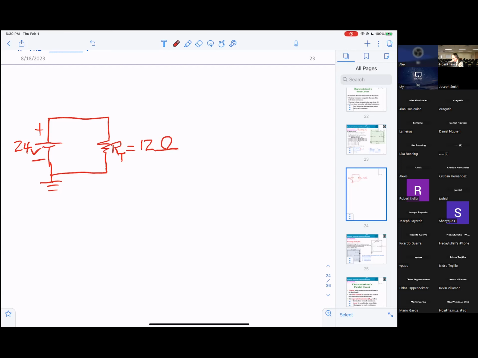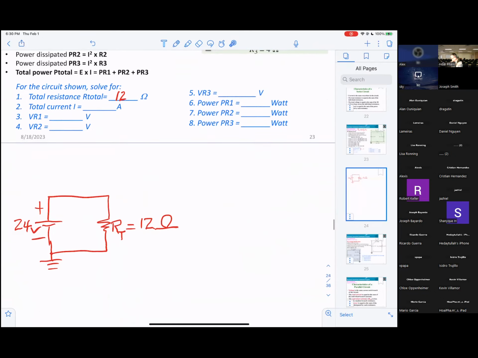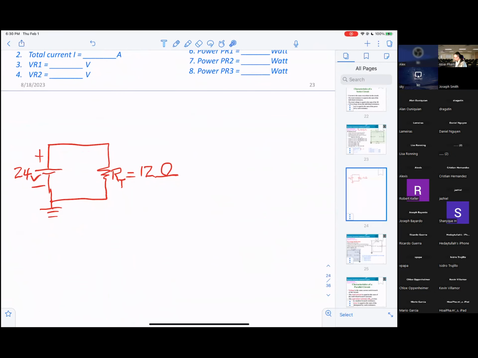They're telling you to substitute this circuit with another one, 12 ohm.